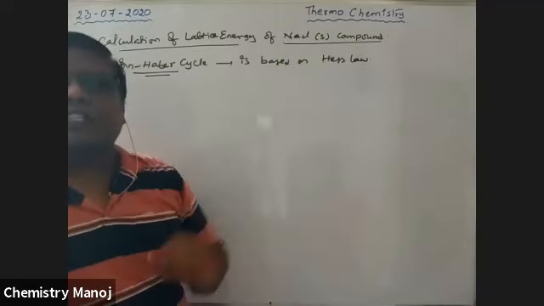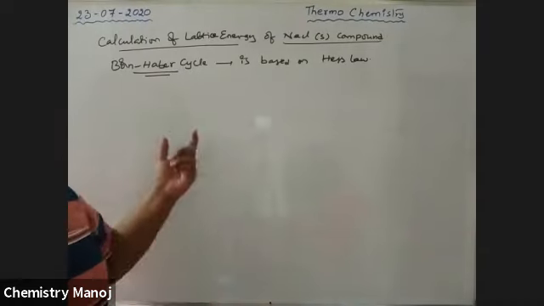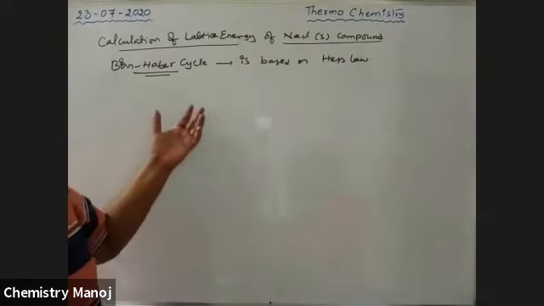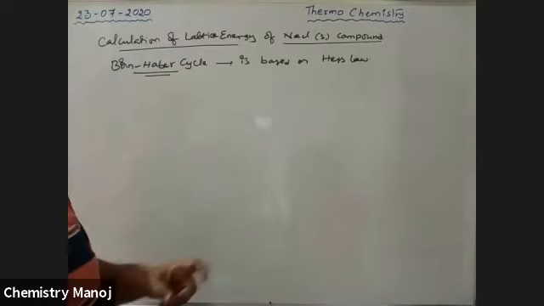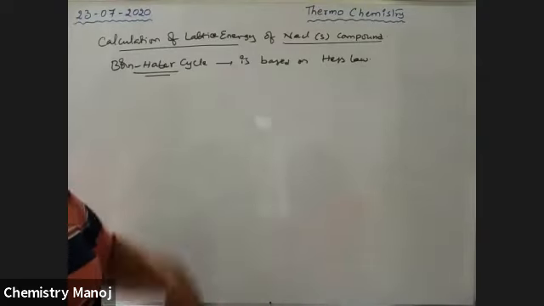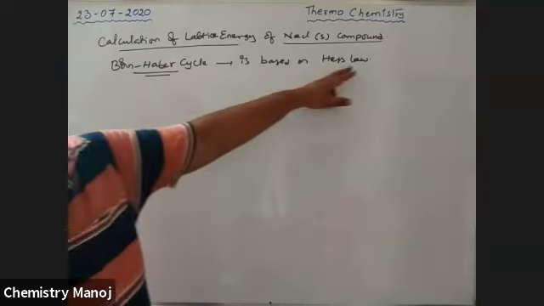So what is this Born-Haber cycle? There are two scientists who developed the method. It is a cyclic process. That's why it is called a cycle. So here Hess law is used.